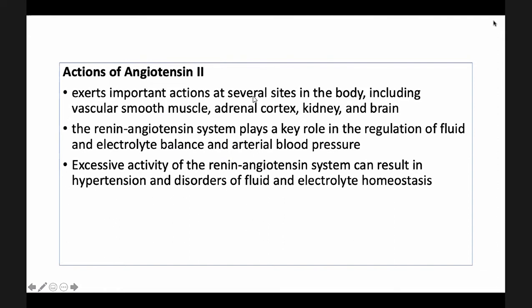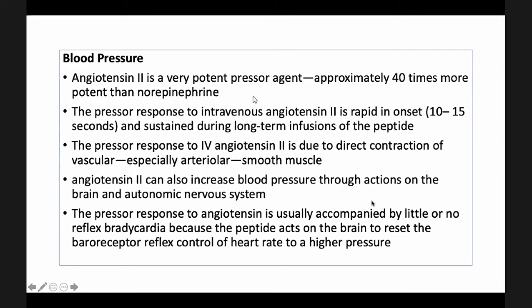If you have excessive activity of the renin-angiotensin system, this can result in hypertension as well as disorders of fluid and electrolyte homeostasis. So angiotensin II is a very potent pressor agent.